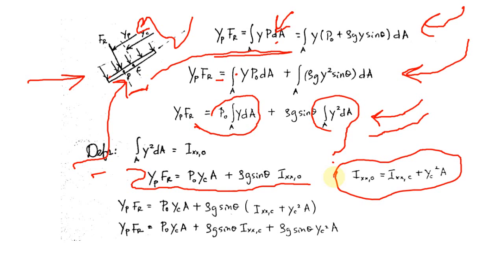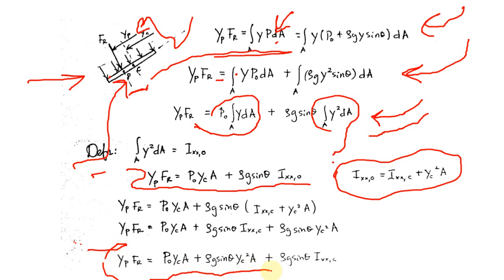So just distributing this term and doing some manipulation, you can see that YPFR would be P naught yc A plus rho g sine theta yc squared A plus rho g sine theta Ixx,c.